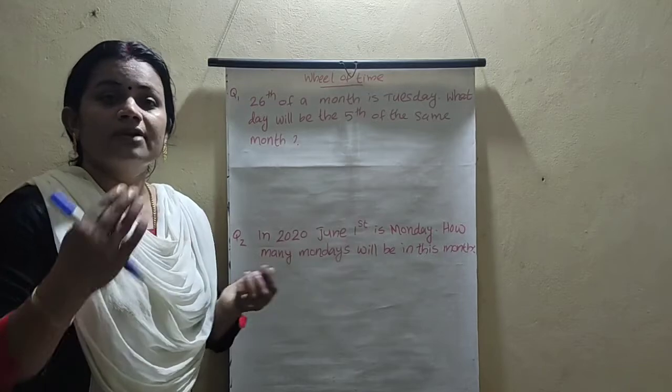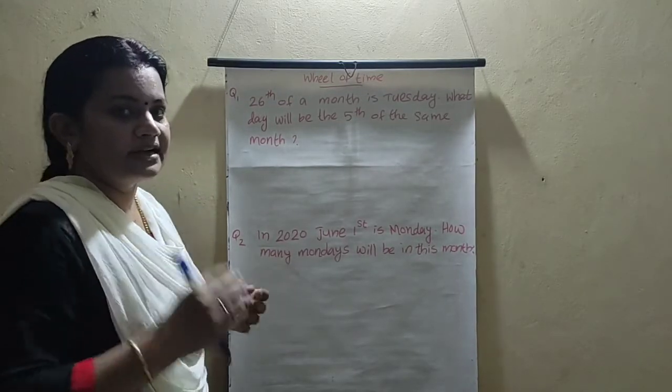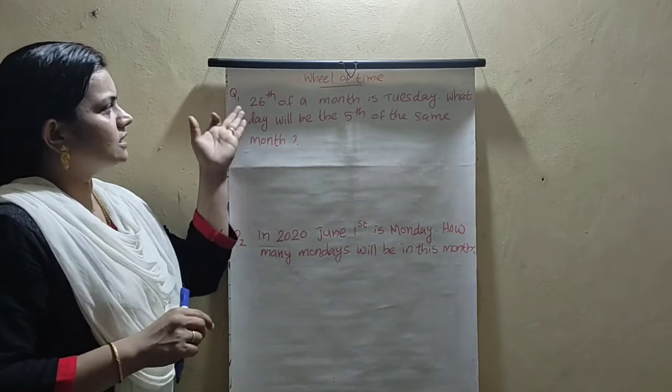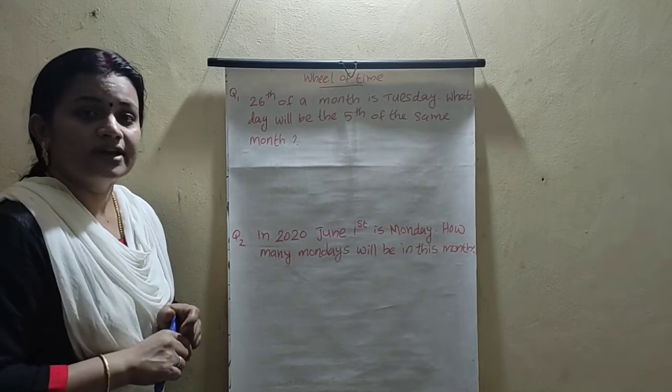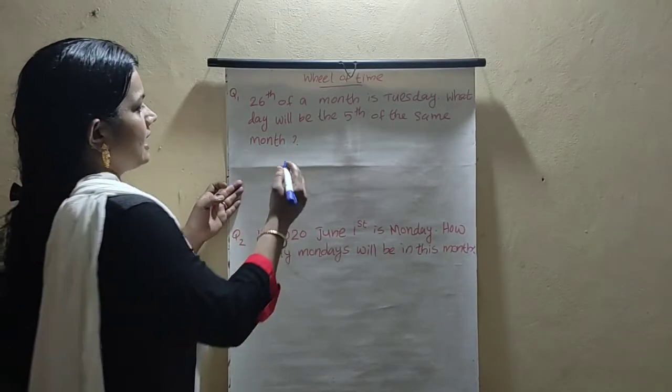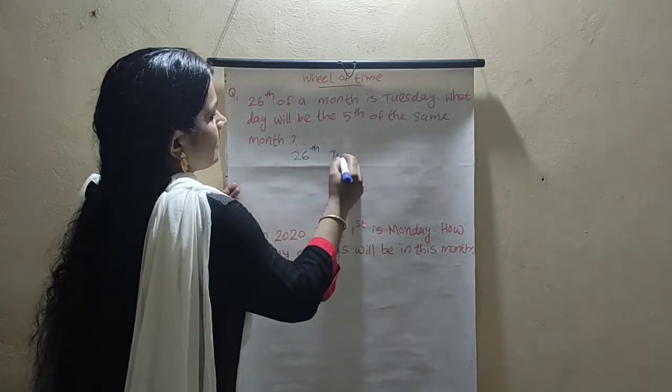The last problem we have already discussed. 1 week is equal to 7 days. Then how to find out the 5th of the same month, which day? First of all we write 26th is Tuesday.